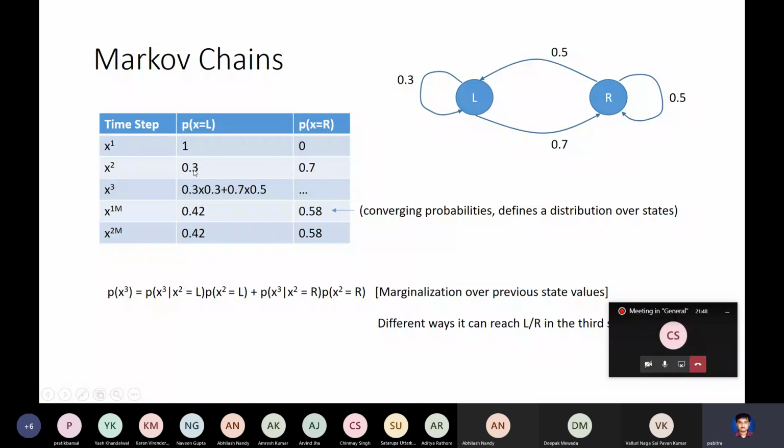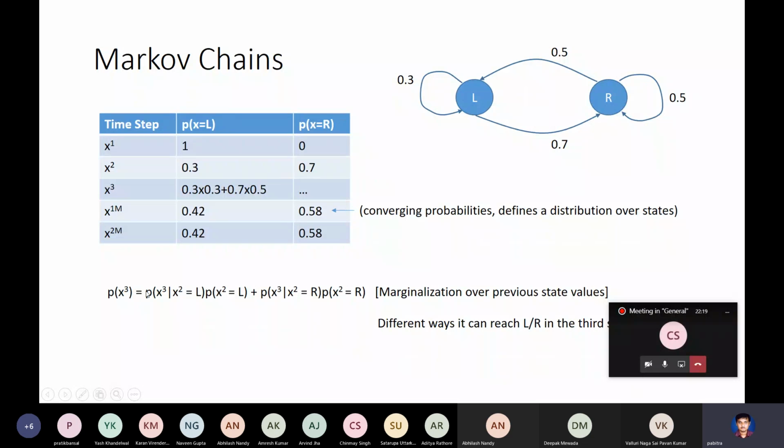And what is the probability of it being in L or R in the previous step? We have already calculated that in x2. So it's the probability x2 equal to L times the transition probability to x3 being L. Similarly, it can be in R in the previous step, and from R with 0.5 probability it can come to L. So it's the transition probability from R to L times the probability it's in R, which I have also calculated in the previous step.